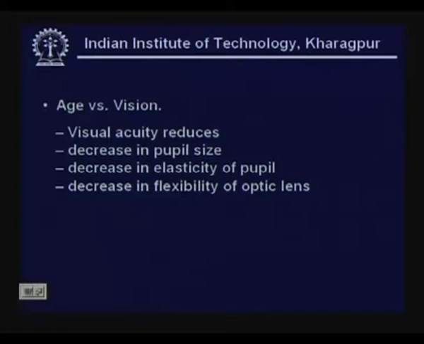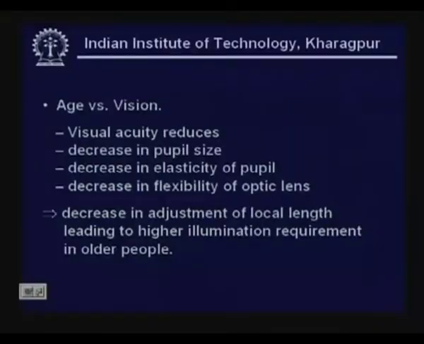This is because of decrease in pupil size, which is mainly due to the elasticity of the pupil being decreased, or the muscular elasticity reduces, and as a result even the optic lens becomes less flexible, and all this results in difficulty of adjustment of the focal length, and hence one needs higher illumination as age increases.